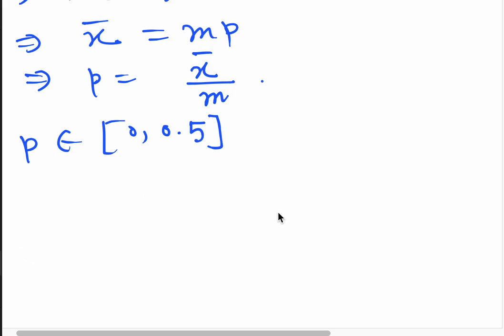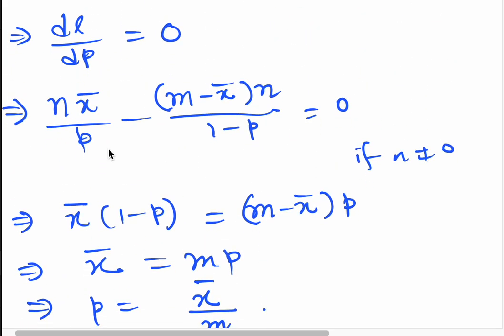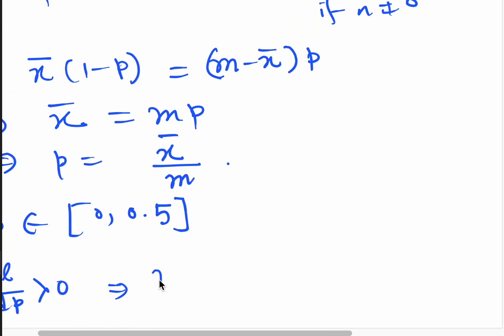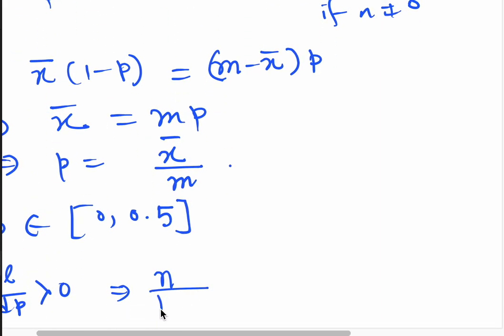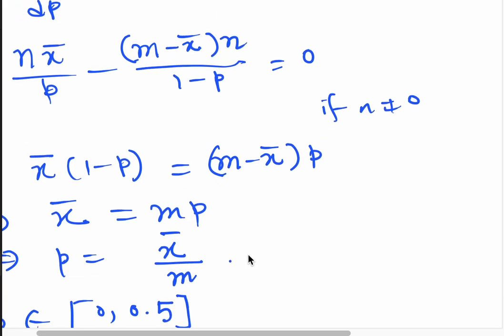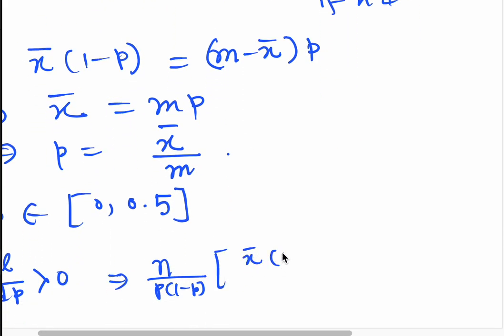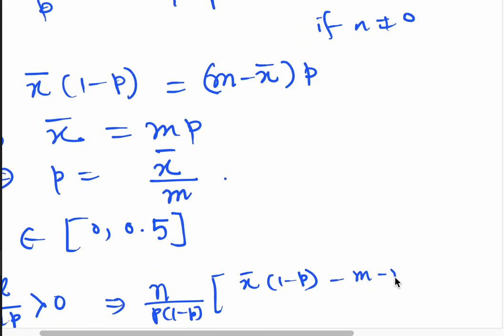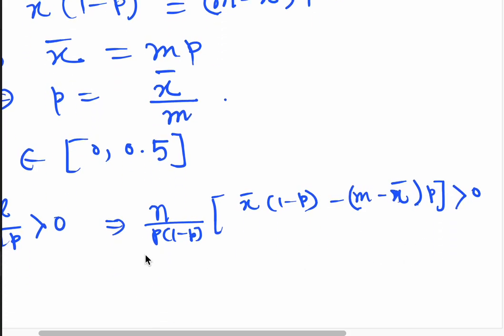You will see that dL/dp is greater than 0 when n by p(1 minus p) times x bar (1 minus p) minus (m minus x bar) p is greater than 0.